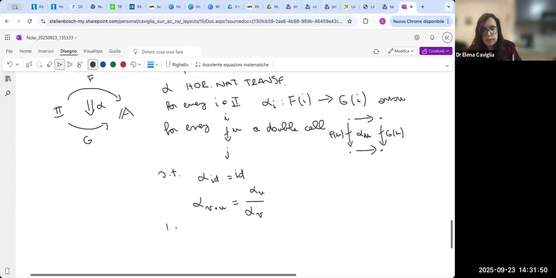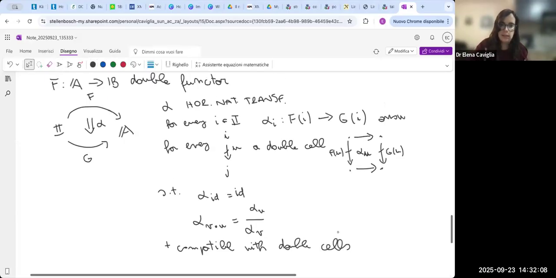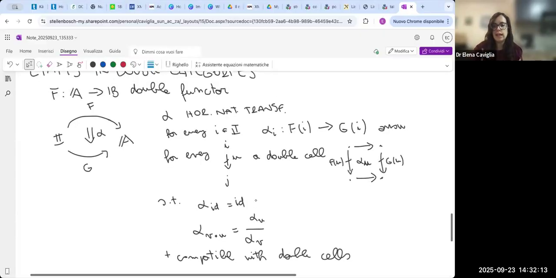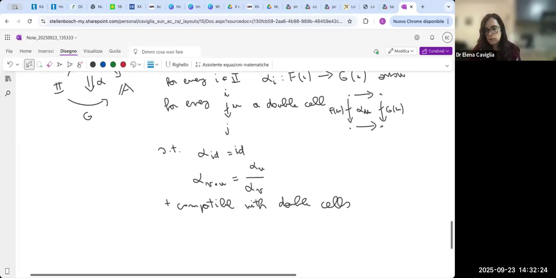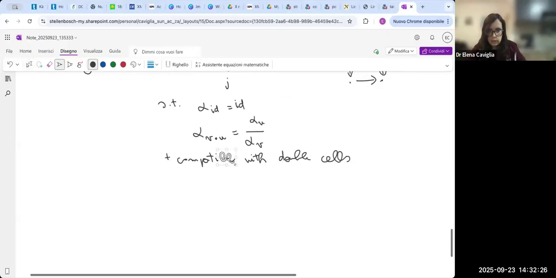And then we have a compatibility with double cells. We don't want to see many details, but it basically behaves like a natural transformation in the arrow direction, but in the pro-arrow direction it is kind of a pseudo-natural transformation. Right.